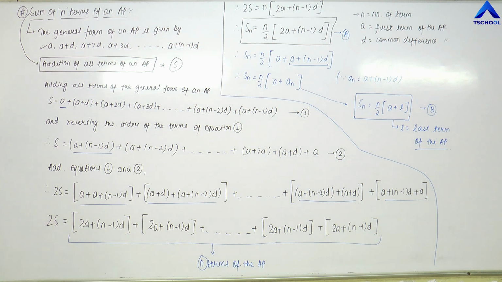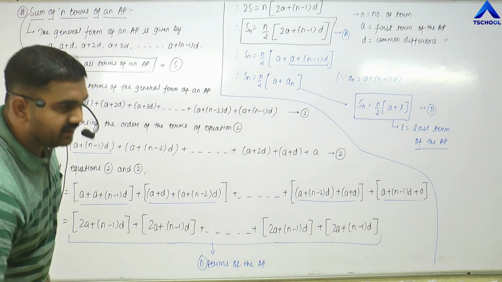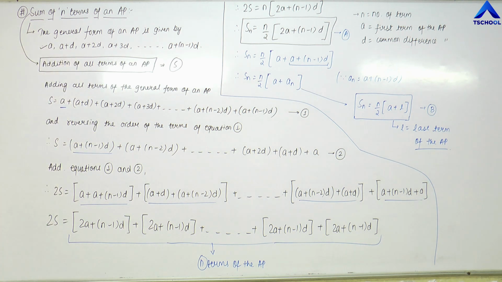Is it clear with this, friends? Right. So let me erase this all, and then we are going to solve or practice some sums related to this, so that you can come to know how this formula is being used. Okay.